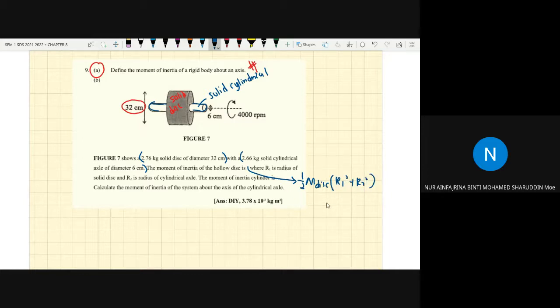Okay, formula is given. You don't have to worry. Sepatutnya dalam soalan ada. Where R1 is the radius of the solid disc and R2 is the radius of cylindrical axle. Korang kena faham ini adalah radius untuk apa? R1 untuk solid disc dan R2 untuk cylindrical axle.